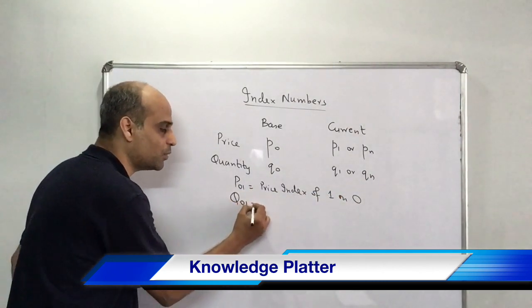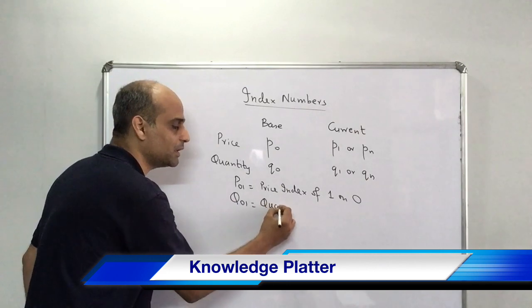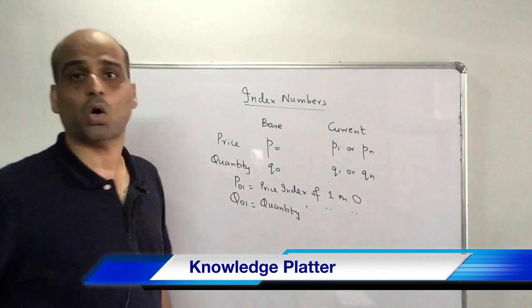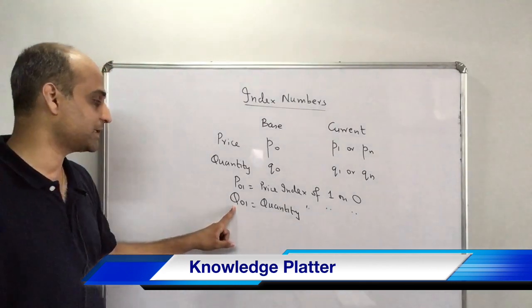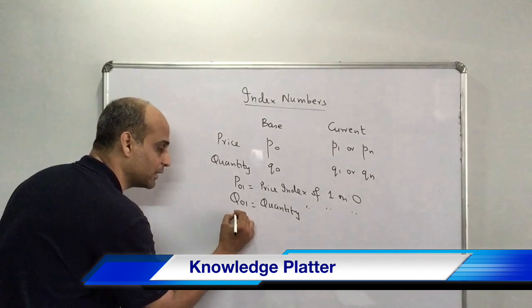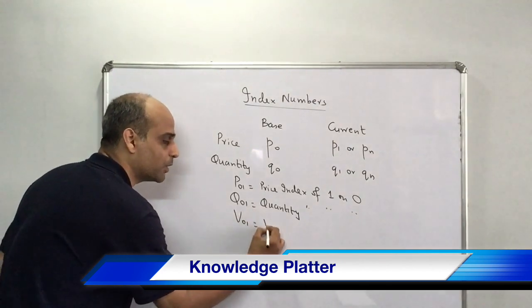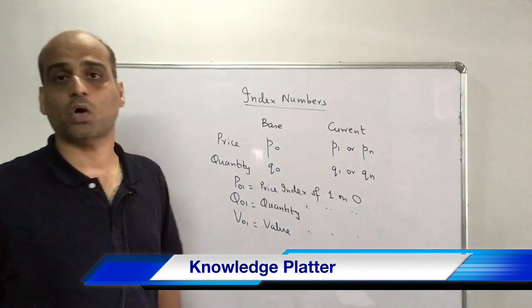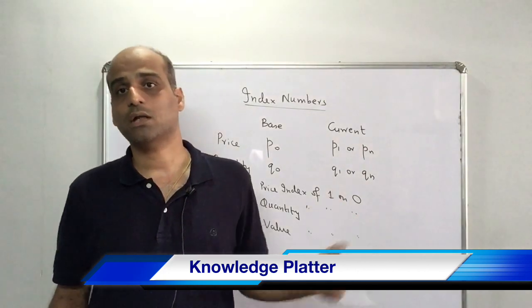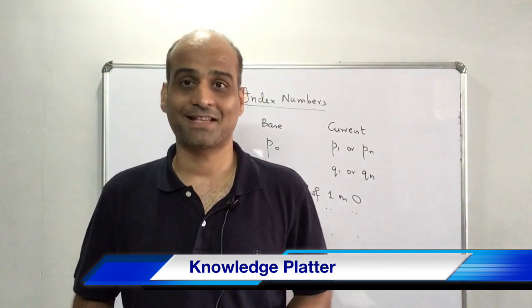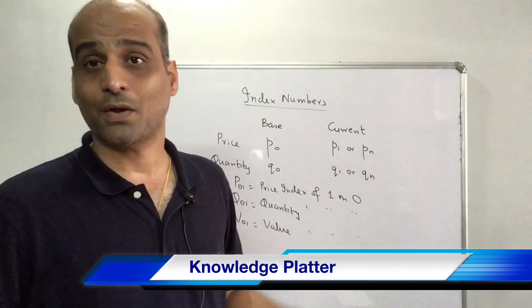Likewise, Q01 would be the quantity index of 1 on 0. So it is the quantity index of the current year on the base year. And lastly, V01 would be the value index of the current year on the base year. So these are the notations which we would be using in the construction of index numbers. Hope you followed them.